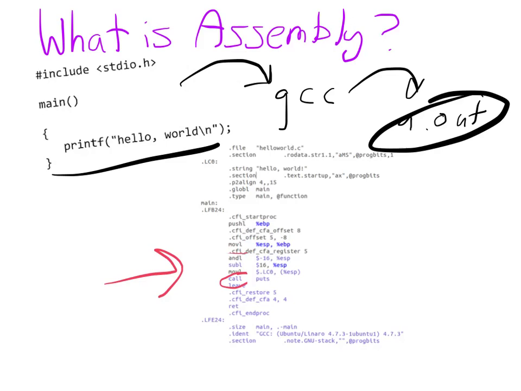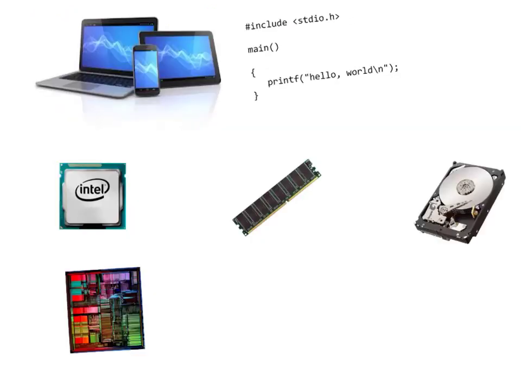So, for example, as we showed before, the processor can understand how to move data, it can understand how to call different labels or functions, it can understand how to do basic mathematical instructions. However, it cannot understand, and it does not understand, how to do things like printf, how to print something to the screen. We must first convert high-level languages like this into very specific instructions that the processor can understand.